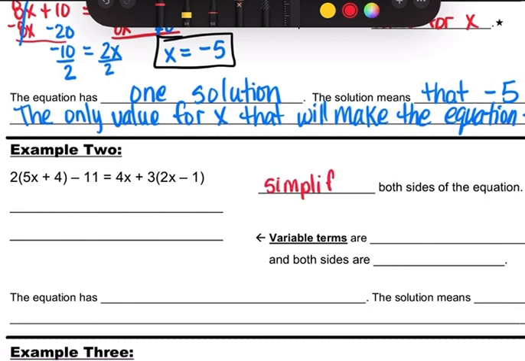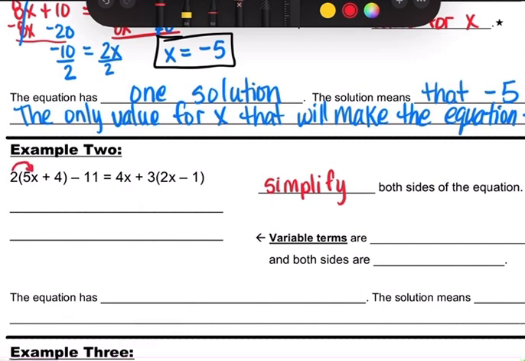So first thing you need to do if you just unpause the video is to simplify both sides of the equation. So to do that, we want to apply the distributive property. And we want to distribute the number on the outside of the parentheses and multiply by each term inside of the parentheses.